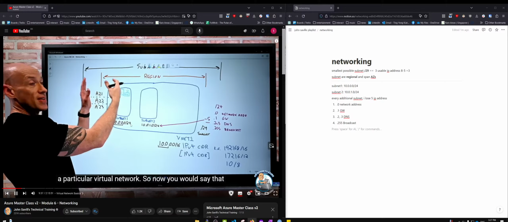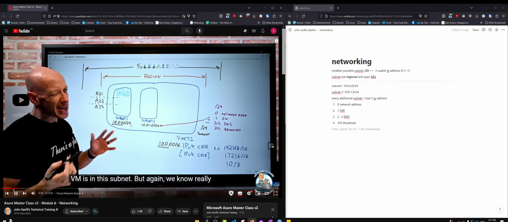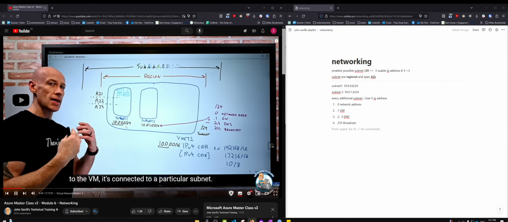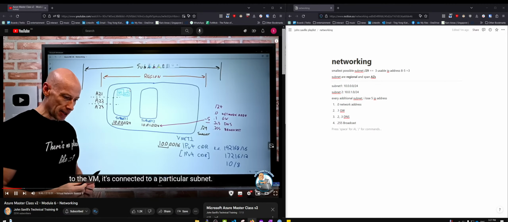So now you would say that VM is in this subnet, but again, we know really it's not the VM. Its network interface card that's connected to the VM is connected to a particular subnet.